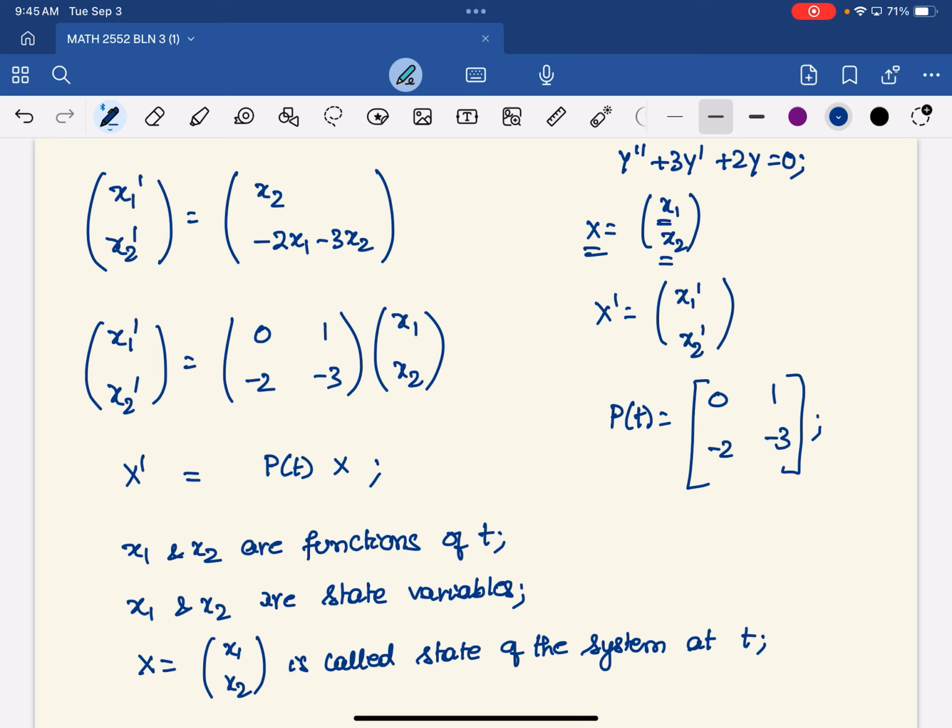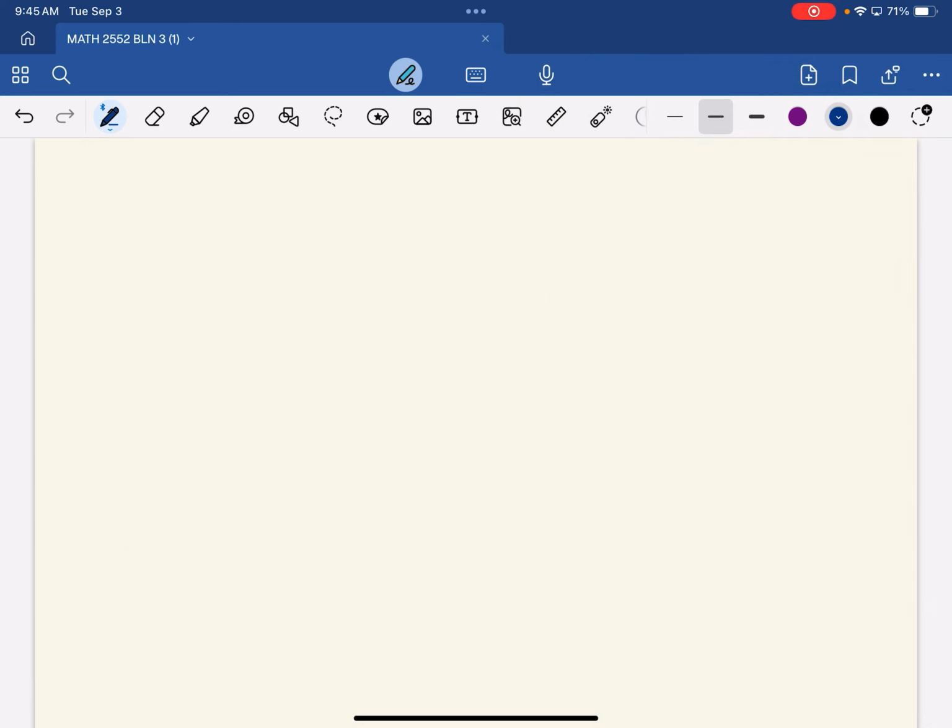The next thing I want to remind you is that I have x prime equals p of t times x plus q of t. In this problem, q of t equals 0 always.